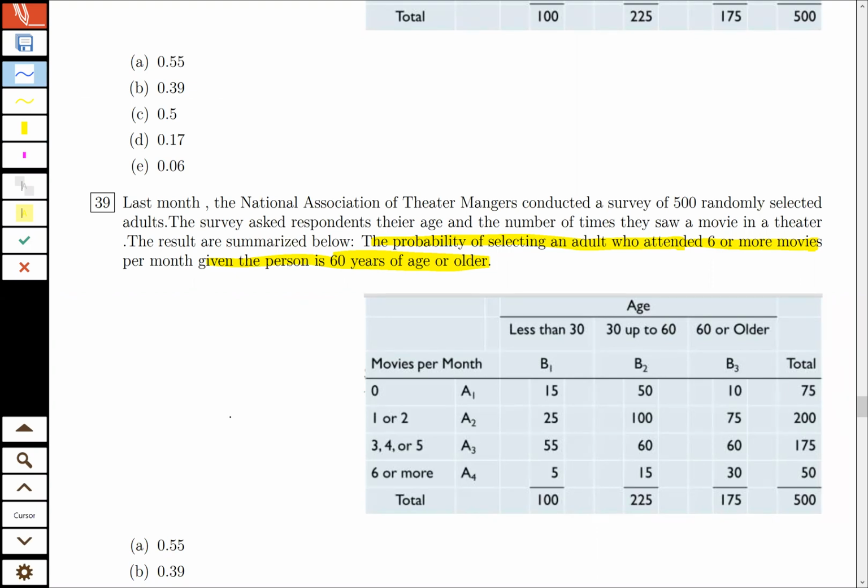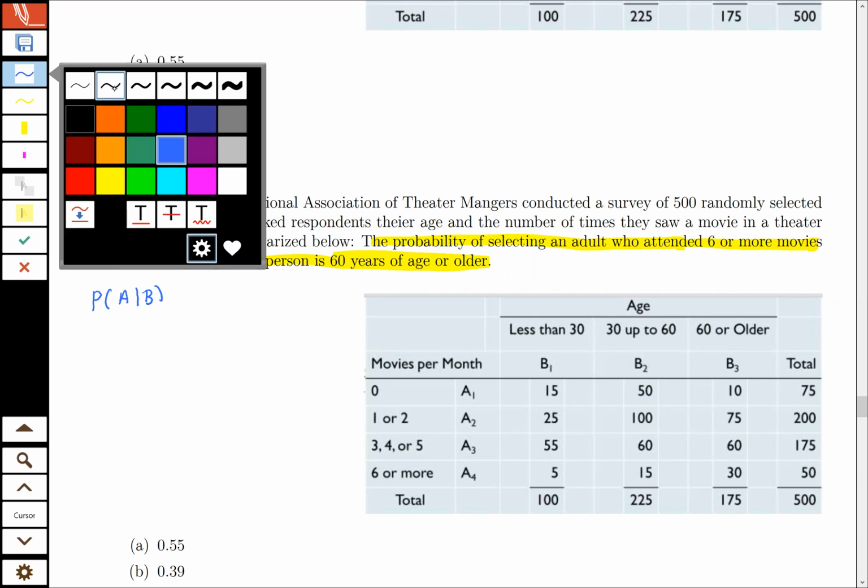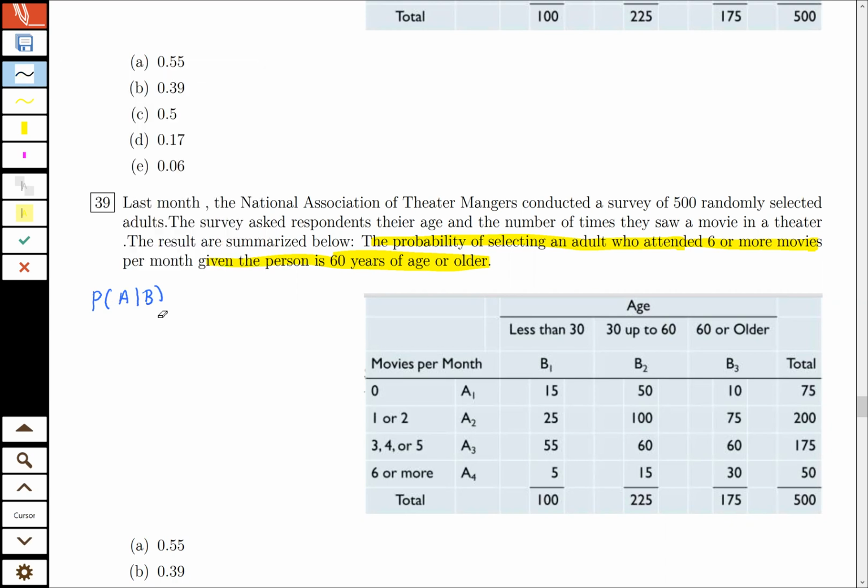Conditional probability, when I have the probability of, let's say, A given B. So the rule says the following.